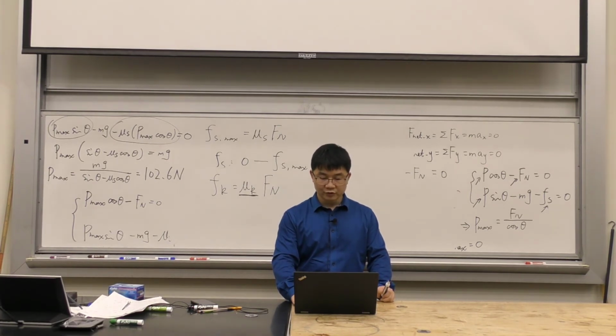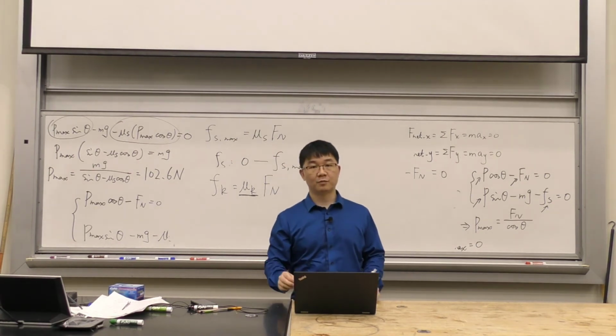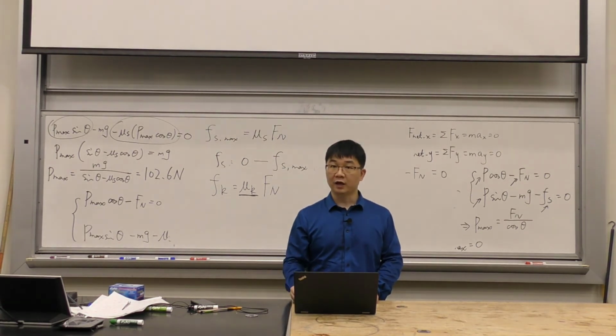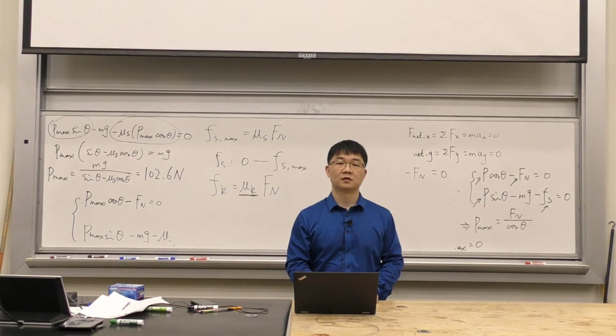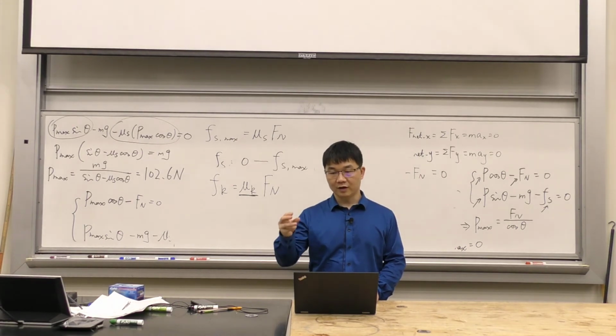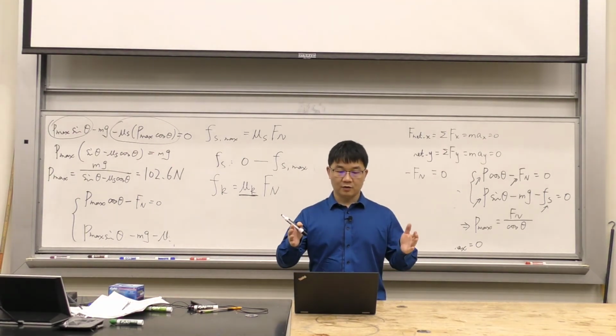Now again, how do we determine this mu k? Like mu s, there's no fundamental theory to help us predict mu k. The only way you can find mu k for any two given surfaces is to do experiments. If you want to determine the coefficient of kinetic or static friction between any two given surfaces, you have to set up an experiment.